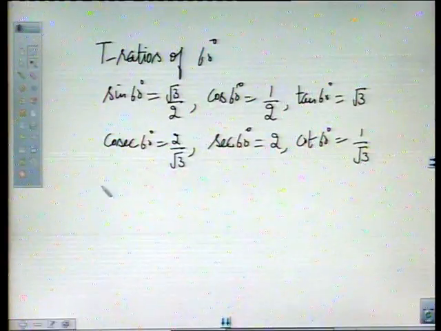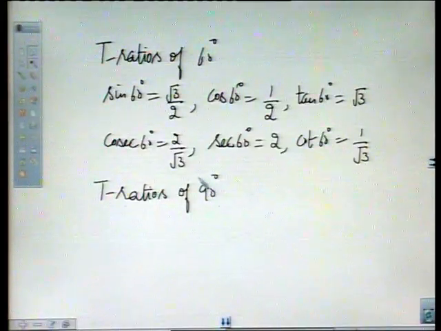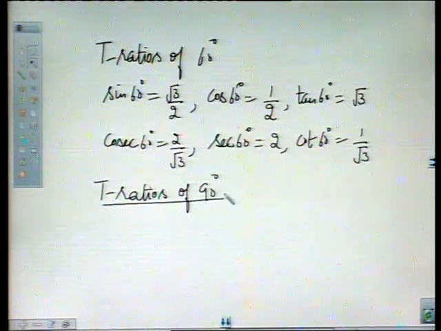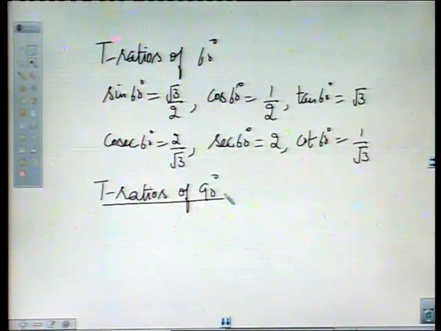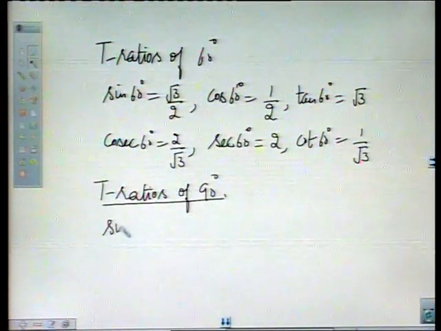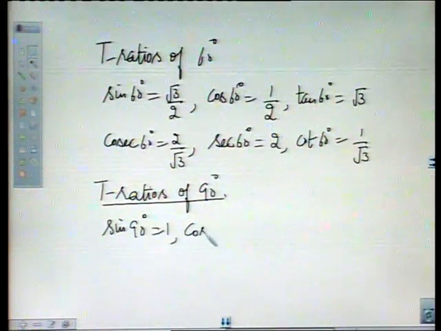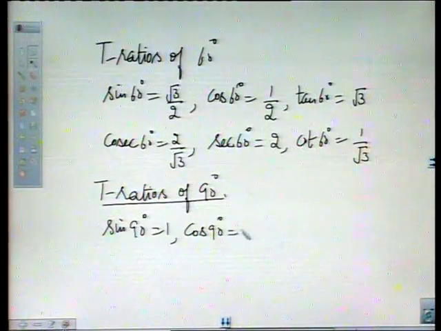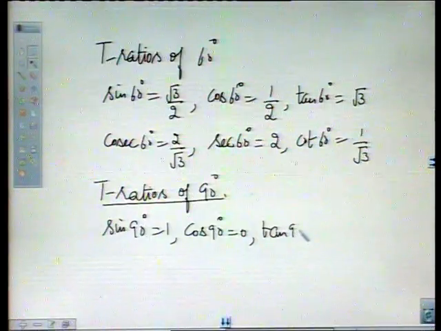Similarly, we write the T ratios of 90 degree. We know sine 90 degree is equal to 1, cos 90 is 0, tangent 90 we know is infinity.